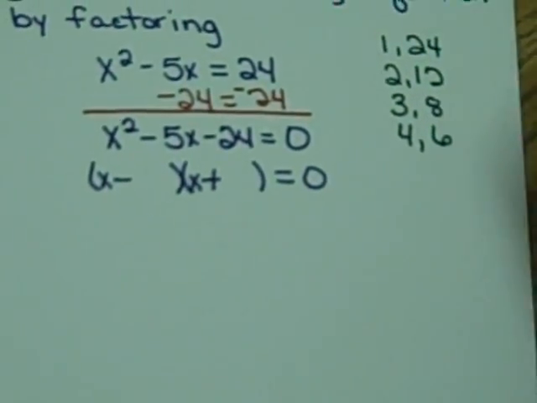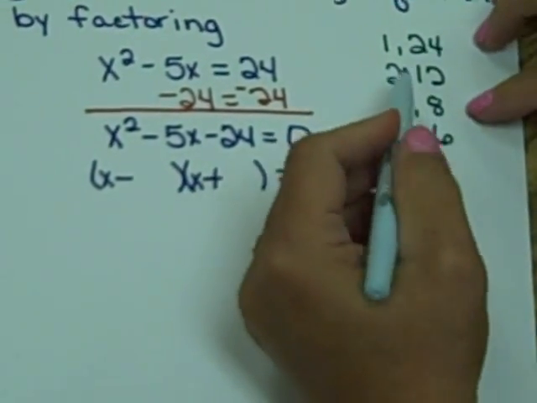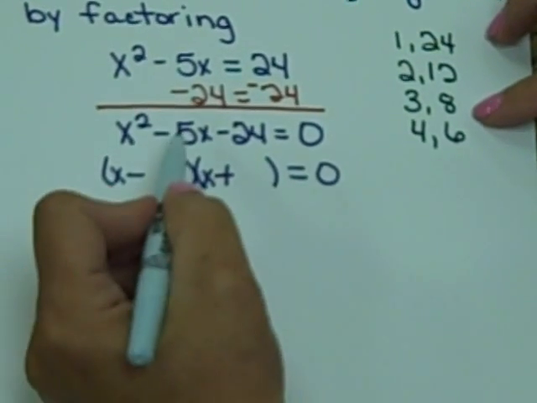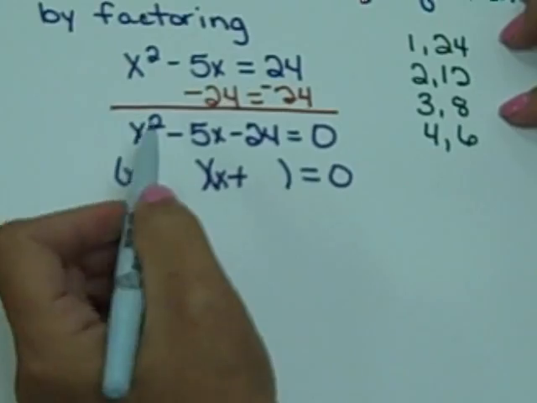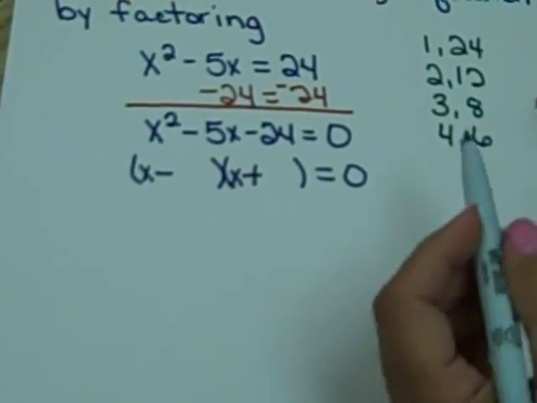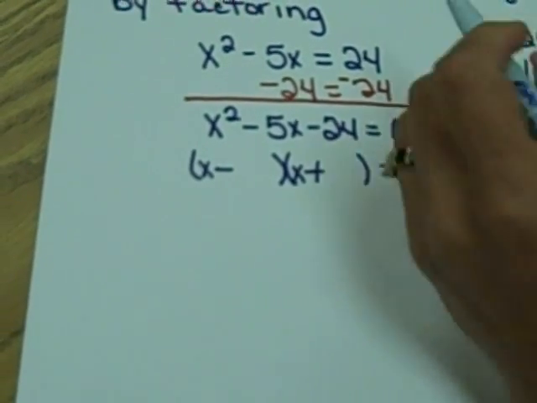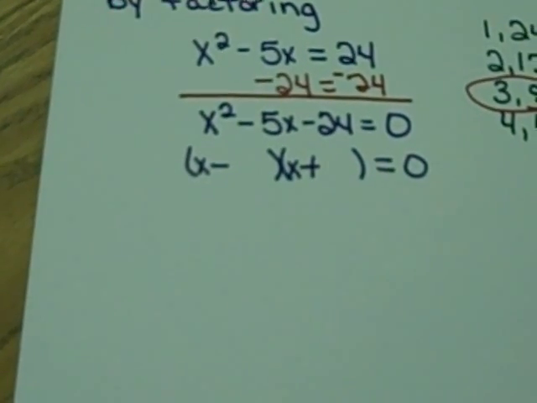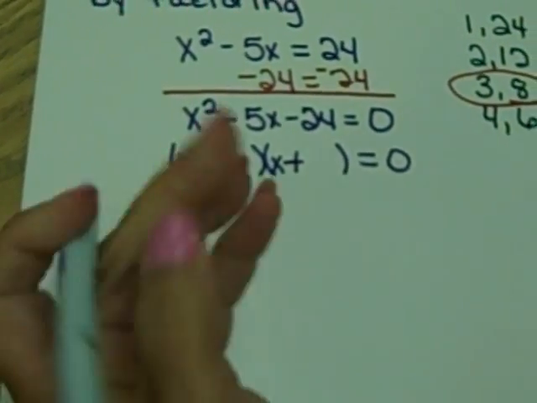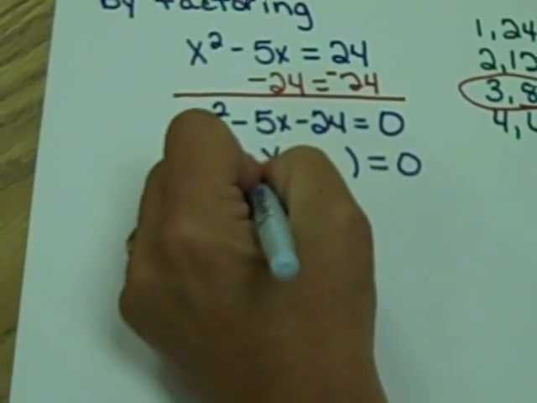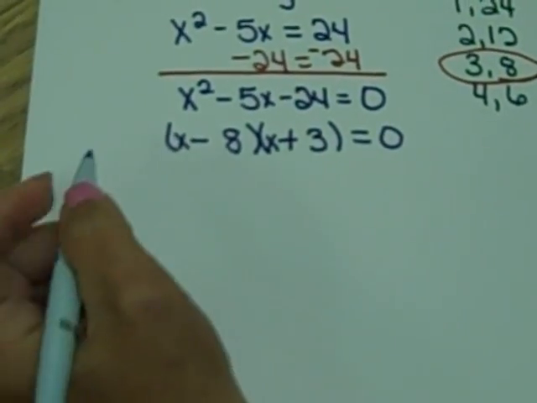In this case, we know that we need to use 3 and 8 because they are the only set of numbers that, when subtracted, will come up with a minus 5. So in this case, we're going to use 3 and 8. Now, we know that 8 is the larger number, so we need to put it with our minus sign, because we have to come up with a negative number.